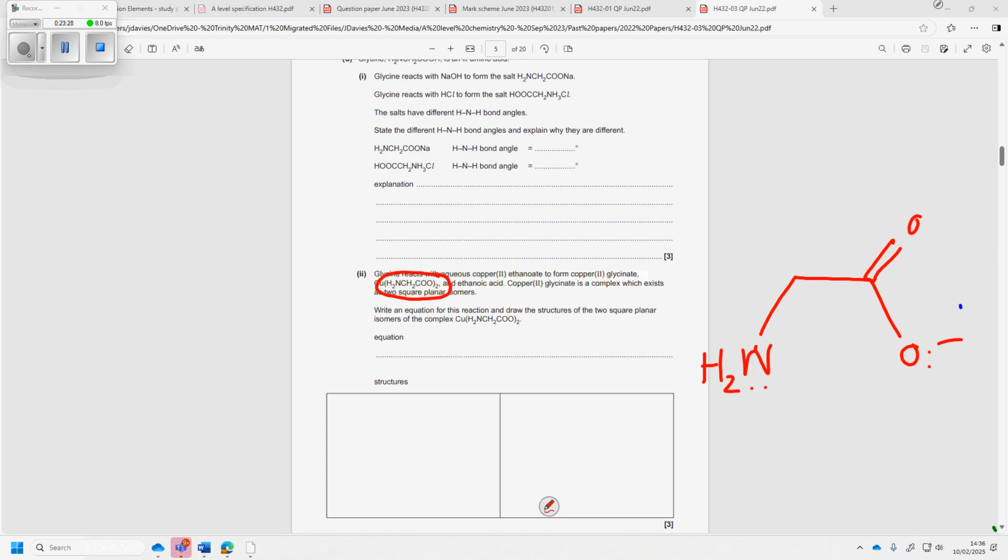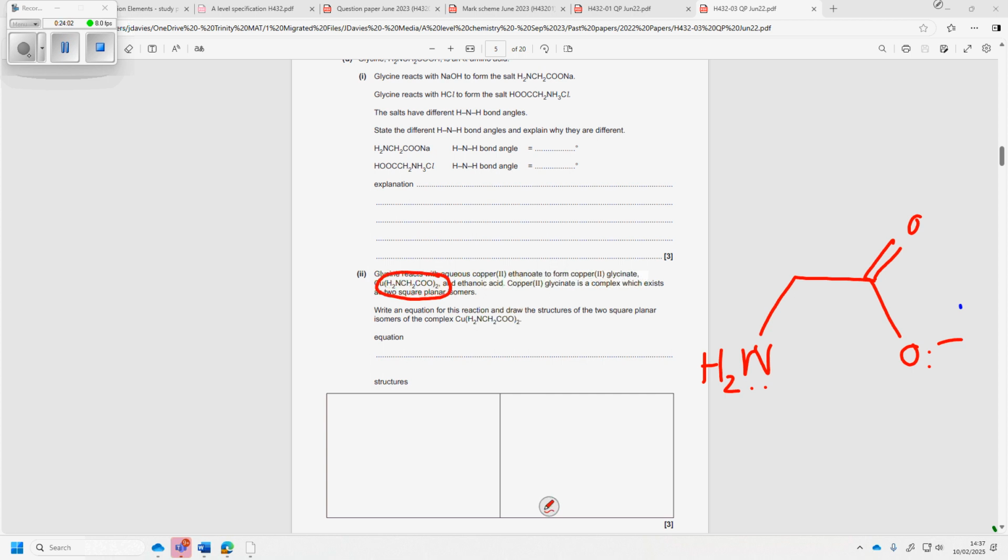So the interesting thing about this bidentate ligand is it's an amalgamation of the 2 ligands that I've just shown you. We've got the nitrogen with a lone pair of electrons, and then we've got the lone pair of electrons on the oxygen. So this is an absolute application type question. They're giving you a ligand that you've never come across before and are unlikely to have been taught in class.